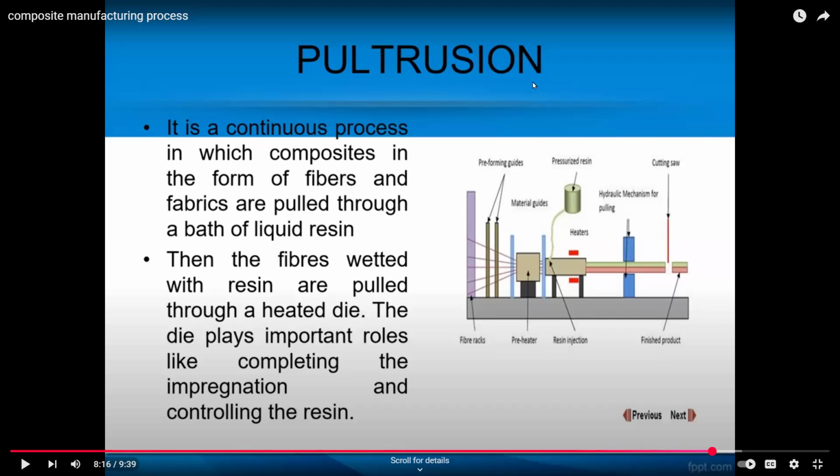It's similar to extrusion, but it's pultrusion. Why? Pultrusion comes from pull, because here there is a station where we are pulling the product. This is a very common method for mass production of composites.